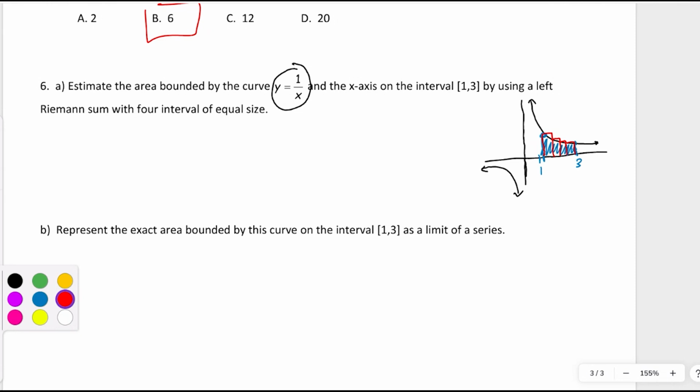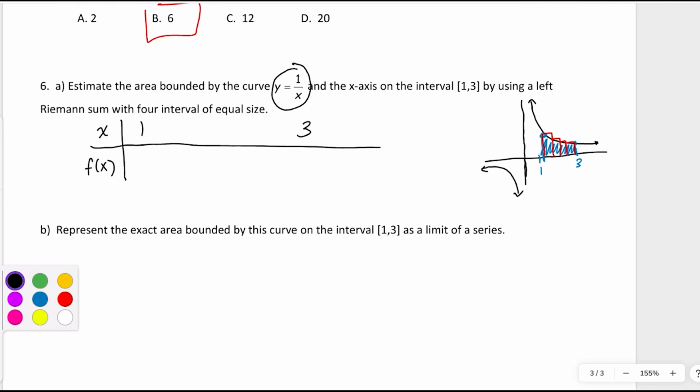Okay, so to find the height of this rectangle, we're going to have to evaluate the function at each partition. So let's make a table. We've got x and f of x. We're going from 1 to 3, and we want 4 intervals, which means we're going to need essentially 5 partitions.